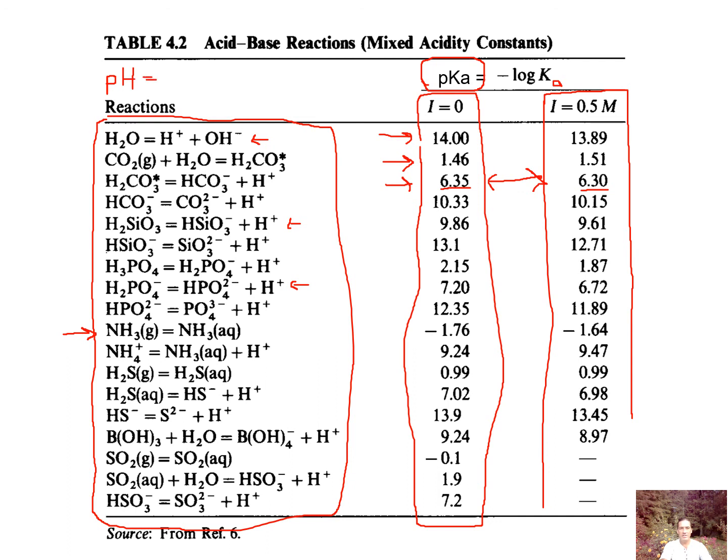Well, it's much nicer and easier to say that a pH changed from, say, 7 to 8 rather than to say it changed from 1 times 10 to the negative 7 to 1 times 10 to the negative 8. So I think that must make sense to you. Working on a log scale sometimes is very beneficial.